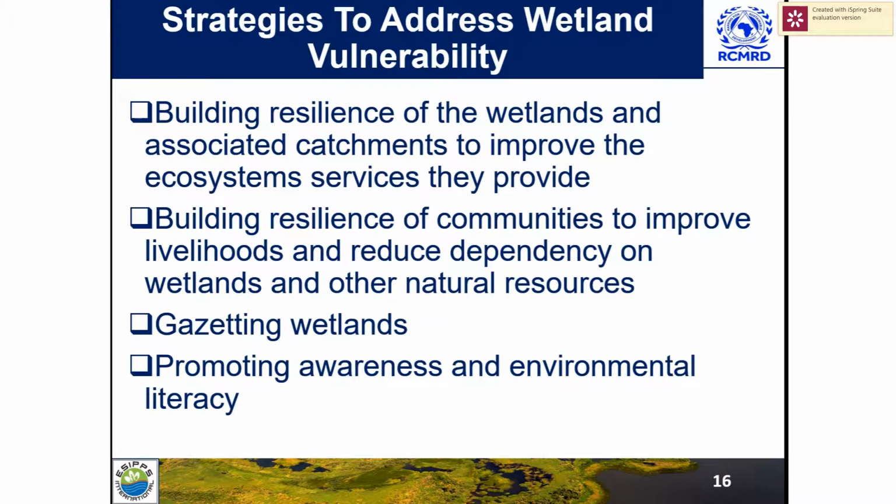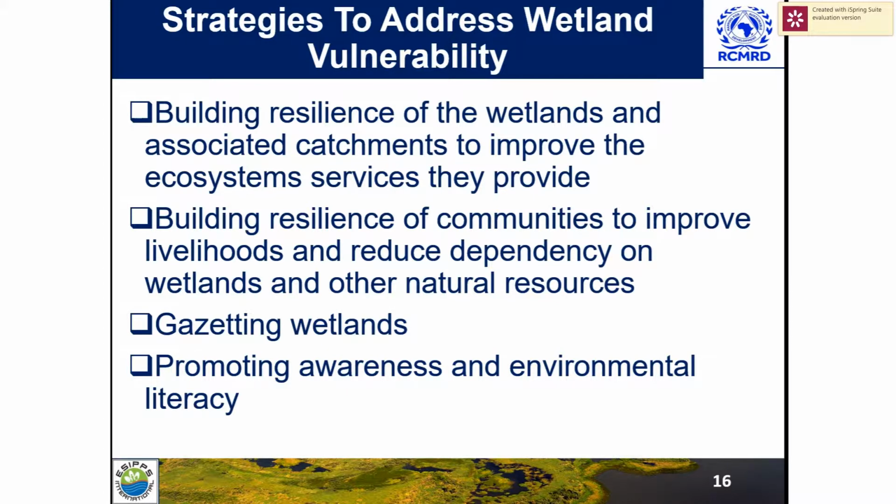And the only way to mitigate the effect of human activities and climate change is to build resilience onto these wetlands. This could be through policies, this could be through recovering the boundaries of these wetlands, and then also try to improve on the catchment so that the seasonality of the wetland is improved towards permanence when the catchments are managed well.